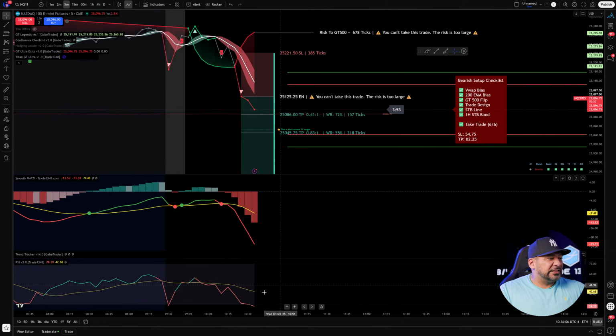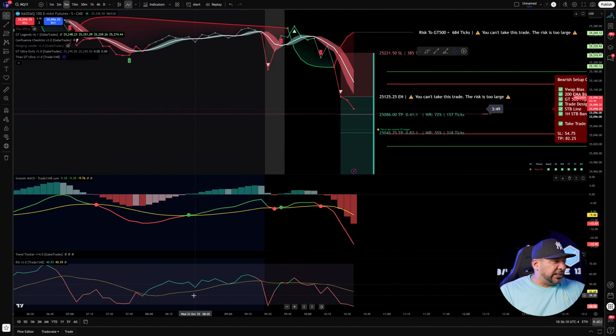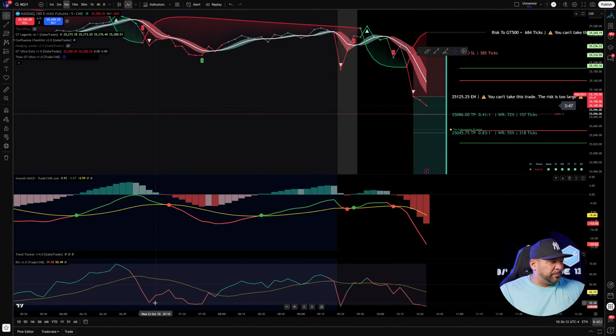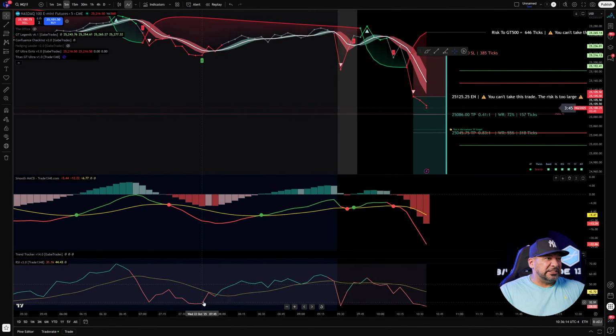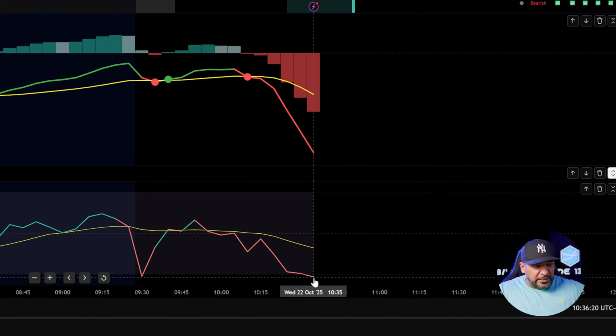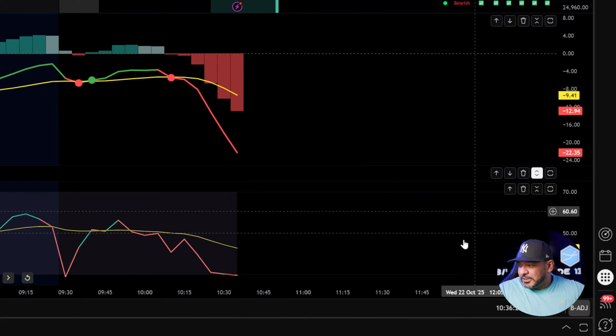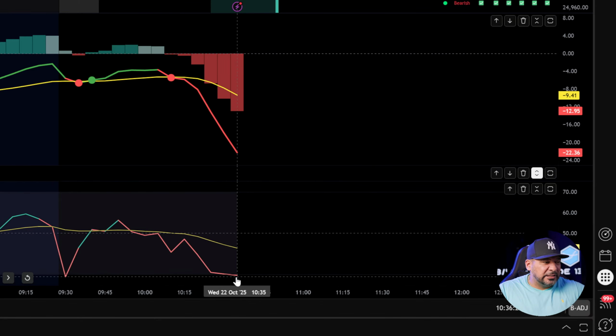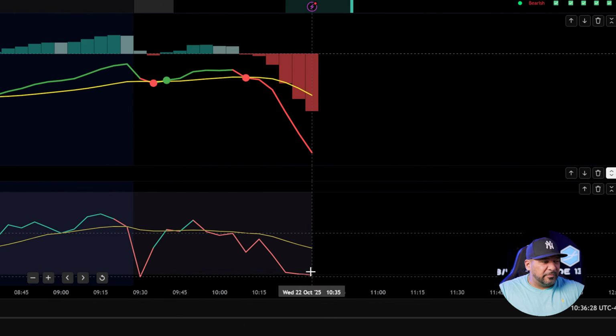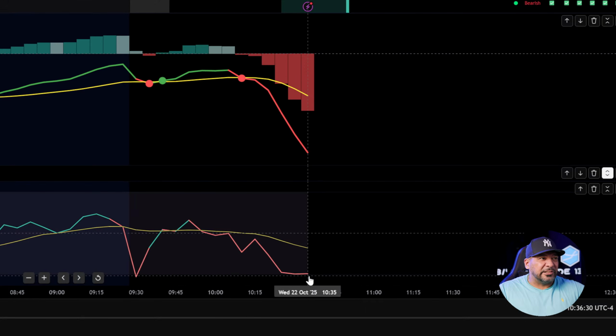So knowing that, I'm going to sit on my hands. Knowing that our size extended and we have historical points here where it's come down to these levels at 28 on the RSI. Let's zoom in right there. It's 28. I can't see it because my ugly head is in the way, but this is about 28 on your chart, guys.